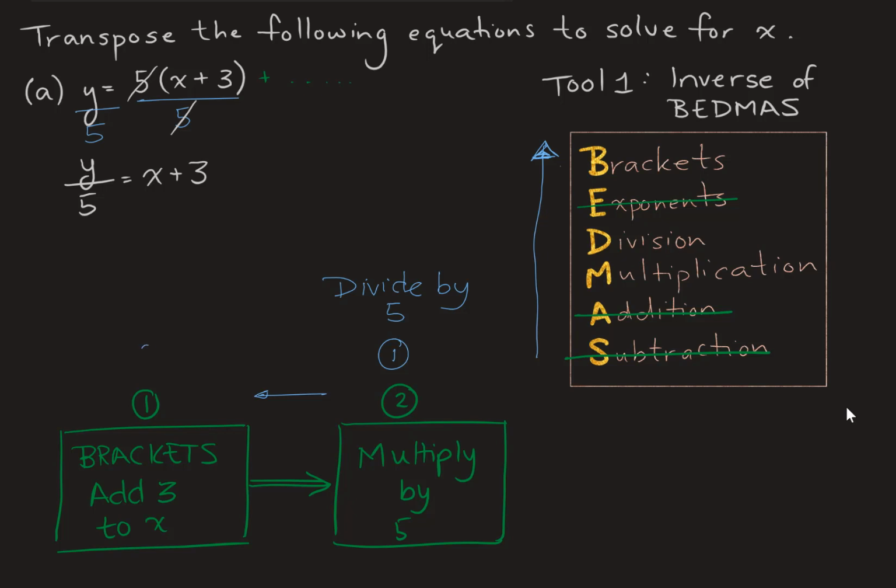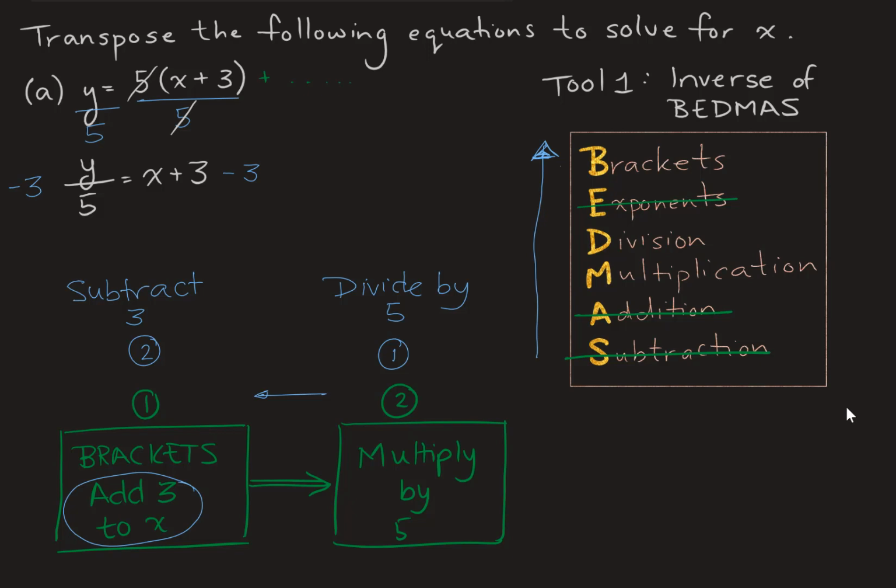Now, step 2 is going to be the opposite of adding 3 to x, which will be subtracting 3 from x. So I'm going to subtract 3 from both sides, so minus 3 and minus 3.